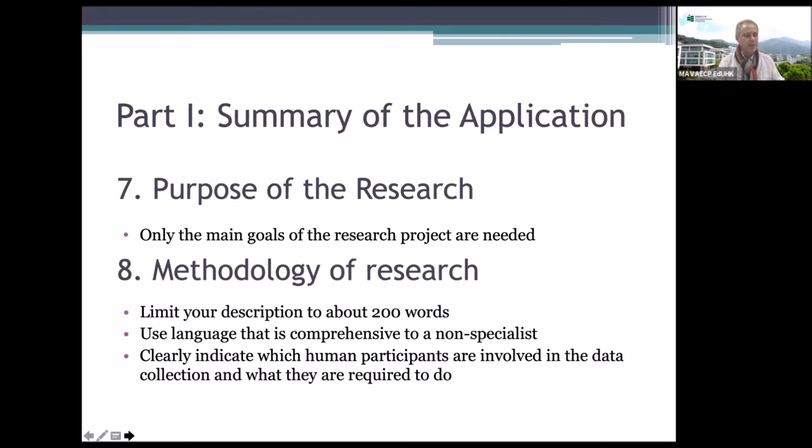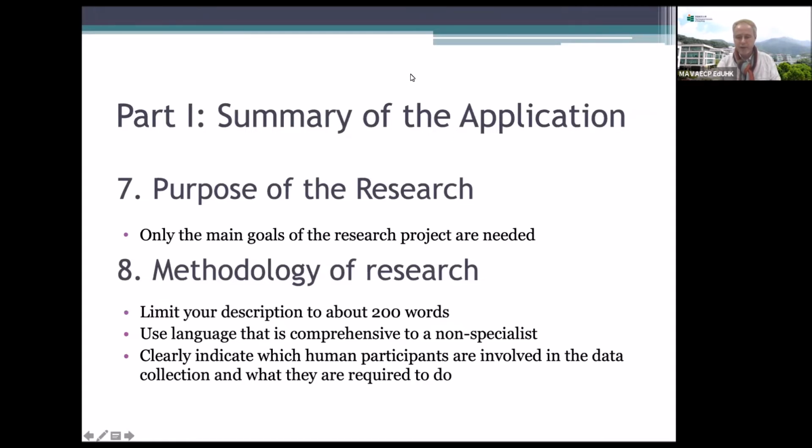That's called the application form for ethical review. It's about a 7, 8, or 9-page document, and I'll give you the links later on where you download this form from. But for the most part, it's very, very self-explanatory.